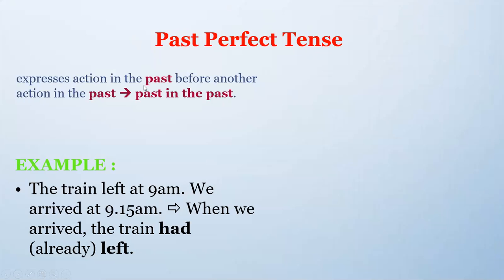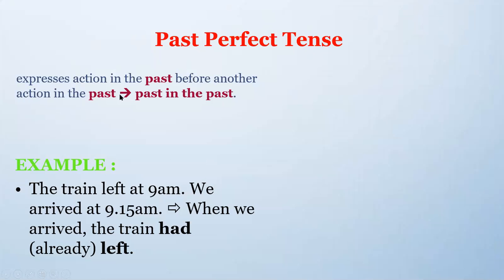How does past perfect tense express something? Past perfect tense is used to express an action in the past before another action in the past.